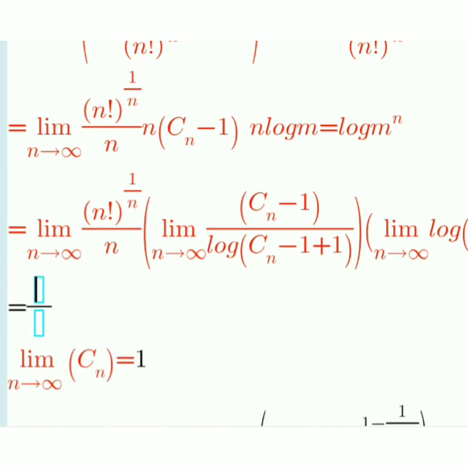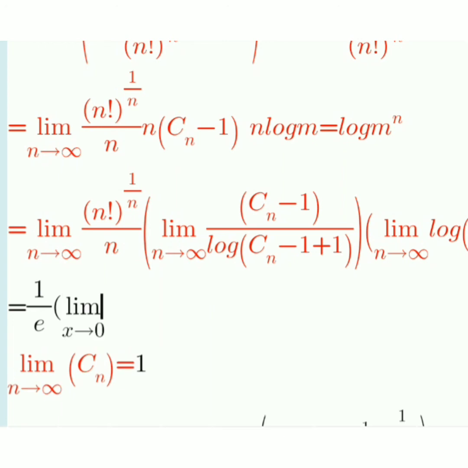According to the questions, I get this value 1 by e. I prove this, and after that whatever I proved, I get next, limit n tends to infinity of Cn. So friends, whatever I get, Cn tends to 1.